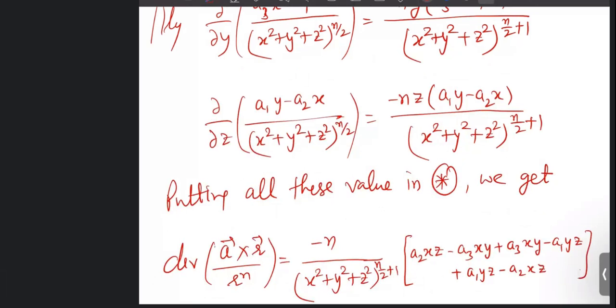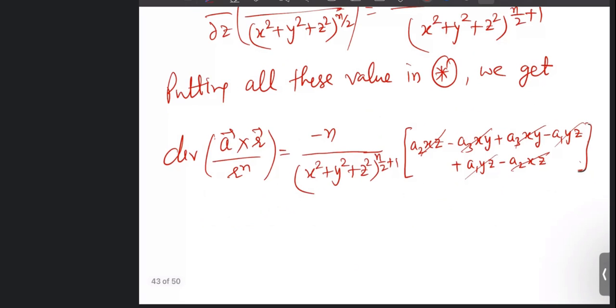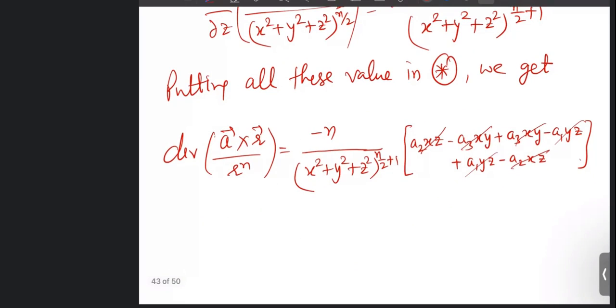This will be the complete. a2xz will be cancelled with this term, a3xy cancels with this term, and this term will be cancelled. It means complete 0. The right hand side will become 0.